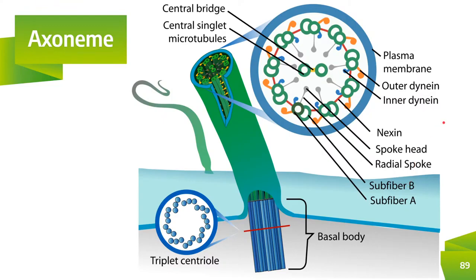Okay, so let's look at how this function of dynein, of transporting, for instance, vesicles and organelles through the cell, would be translatable into movement of a hair-like structure, a filamentous structure like this.